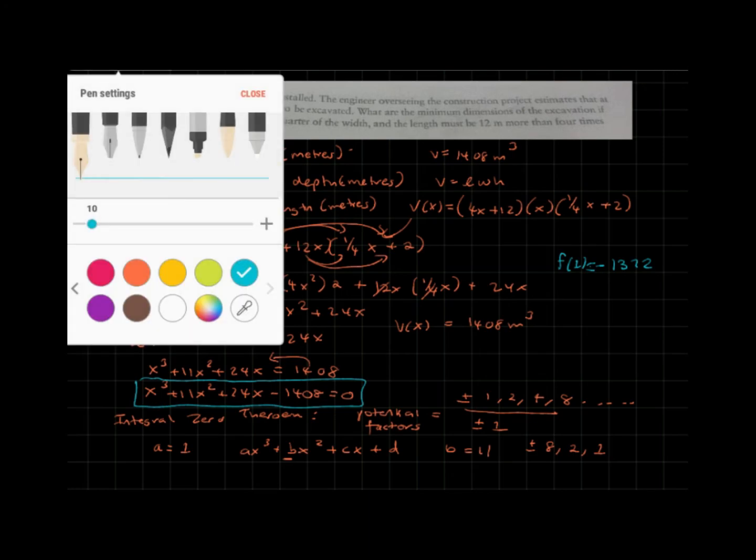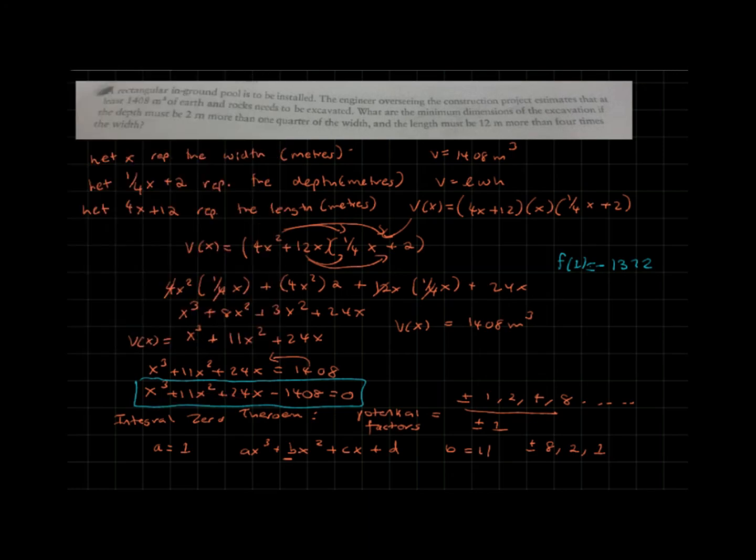In this case, f of x specifically would be this: x cubed plus 11x squared plus 24x minus 1408. So I'm plugging it into this, and you can keep testing them out.